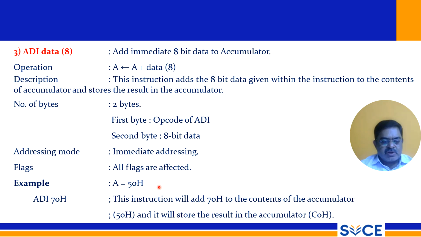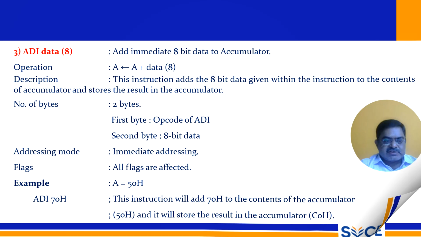A is having 50 and ADI 70. So 70 plus 50 gives C0H, a hexadecimal number, which will be stored again in the accumulator.